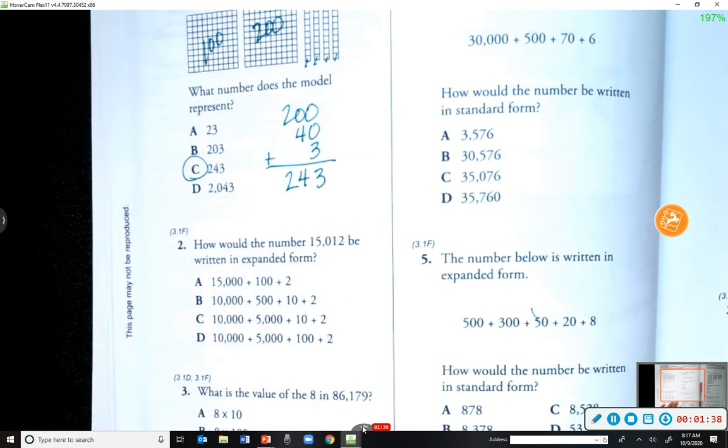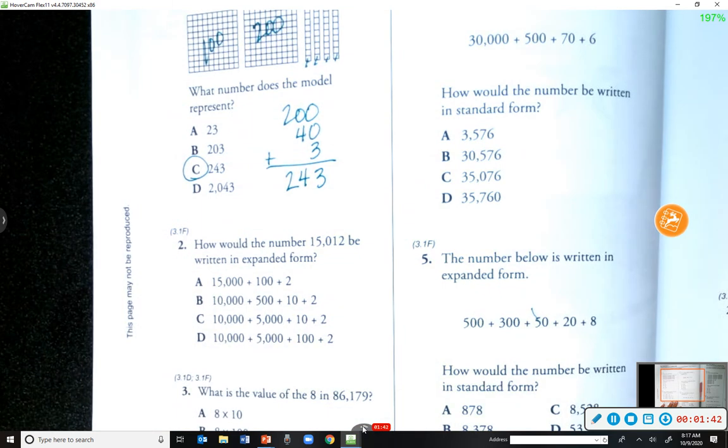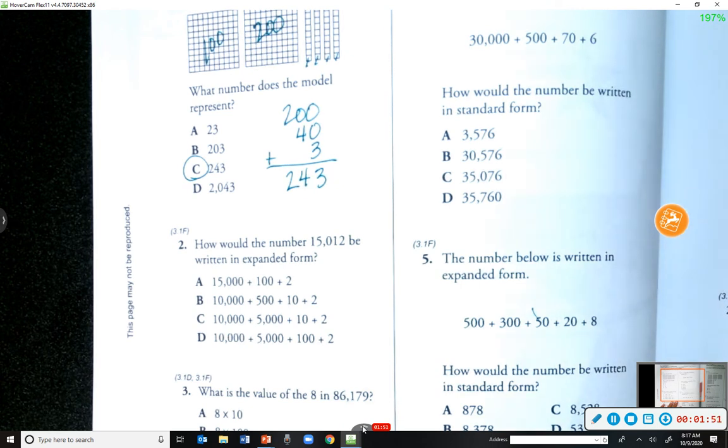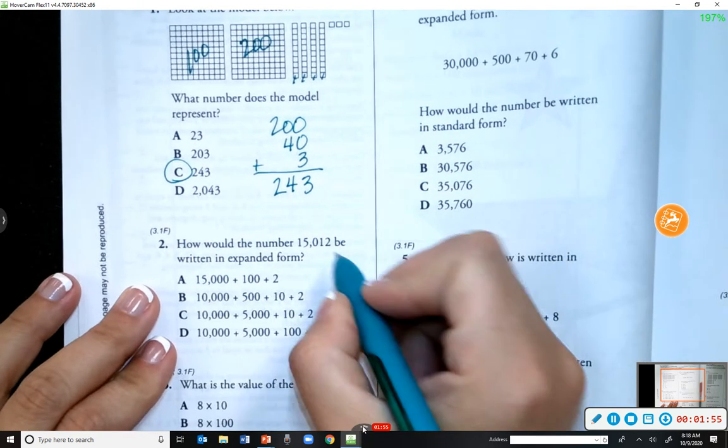Okay. Anybody else? Kelsey? Number 2? Yes, expanded form. The number's A. Okay. Well, let's look at what we can do.